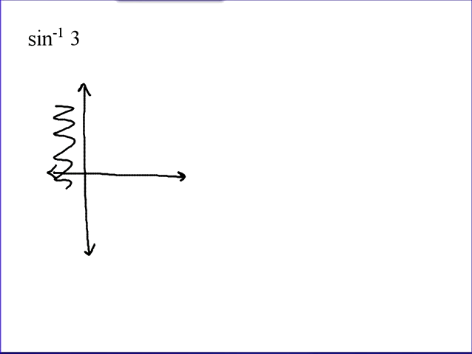Inverse sine of 3. So once again, where does inverse sine live? 1 and 4. What quadrant will I be in? 1. So I can write this as 3 over 1.